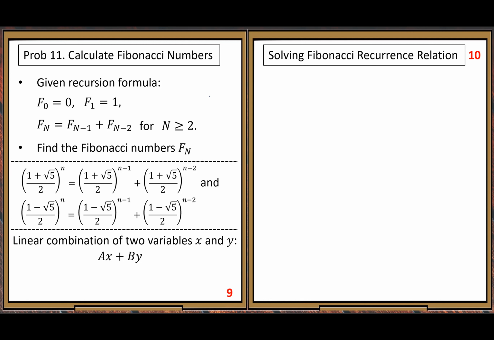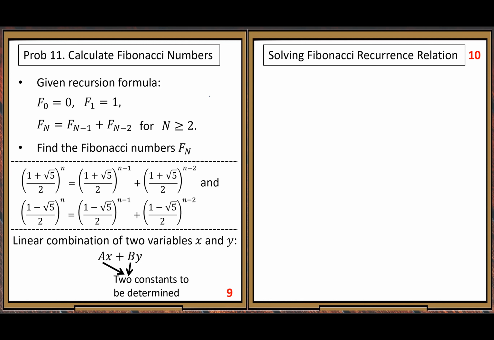With two variables, x and y, we want to create a new expression that is the linear combination of those two variables, with two constants, capital A and capital B. We have freedom to choose those two constants. Sometimes freedom is good.